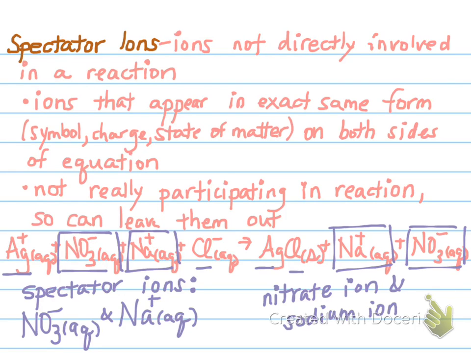It does not matter to me which way you choose to identify them. But if a question asks you to identify the spectator ions, you have to specifically identify them somehow. So that's where we're going to stop for today. We're going to continue to talk about these spectator ions as we continue. Have a great day, and I'll talk to you tomorrow.